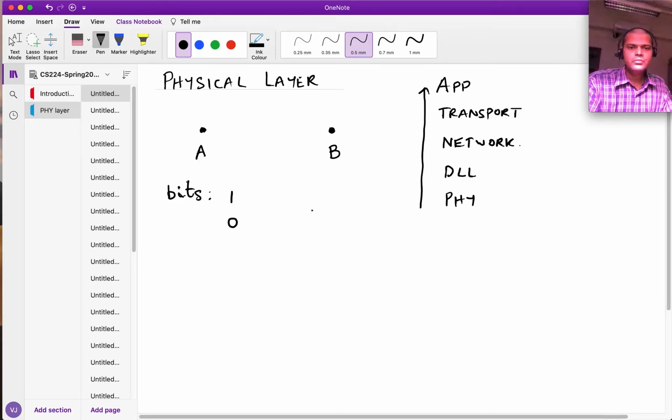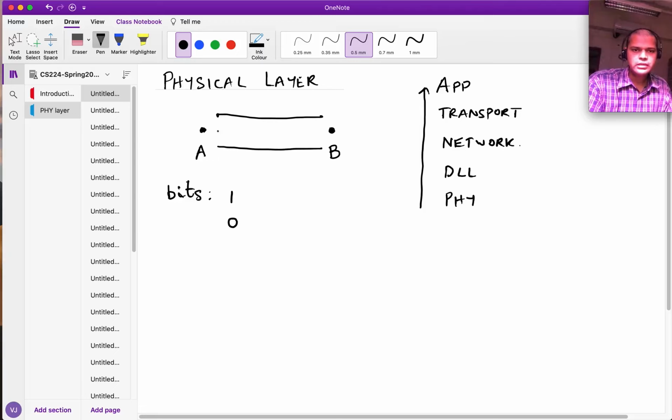So how might we do this? Let's say you have a wire from here to here, and of course we would need some sort of a reference.